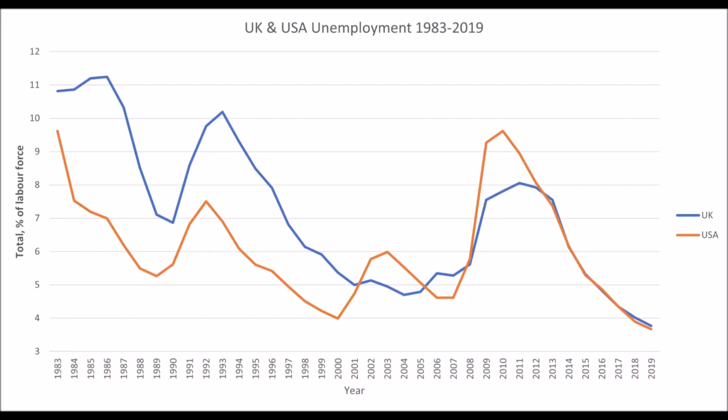In recessions, such as the financial crisis and the current COVID pandemic, unemployment tends to rise. And in boom years, such as the post-financial crisis, unemployment tends to decrease. We've actually made a graph for you, and it covers UK and USA unemployment from the years 1983 to 2019.